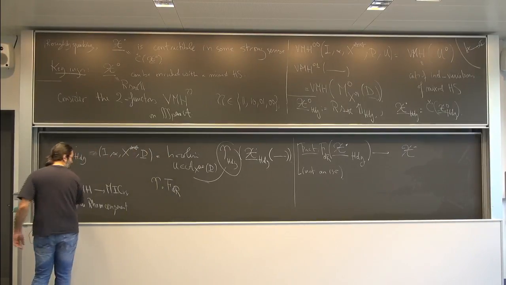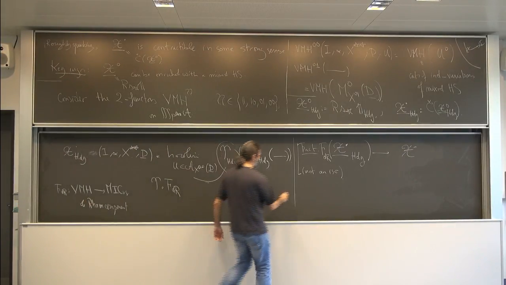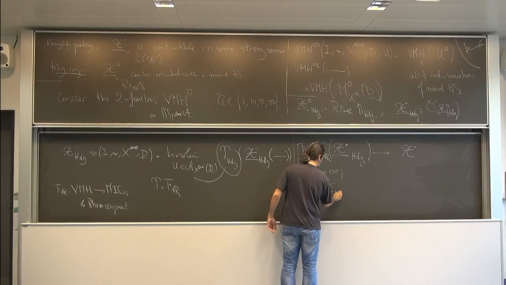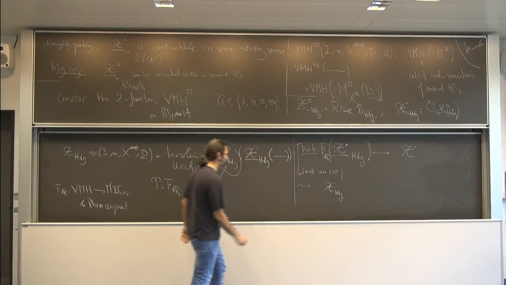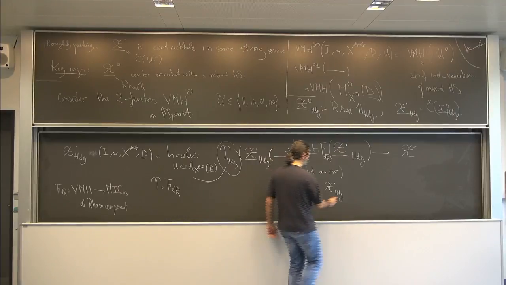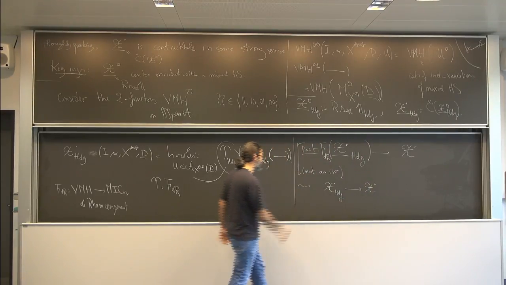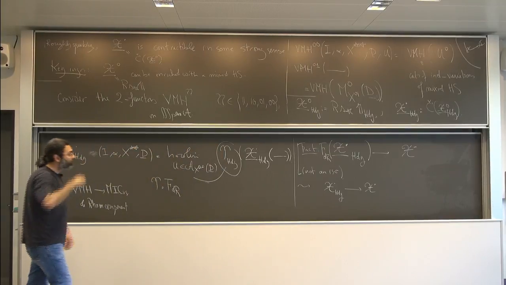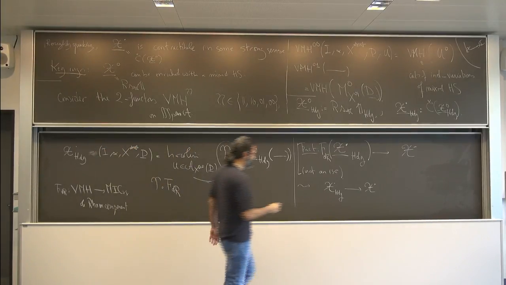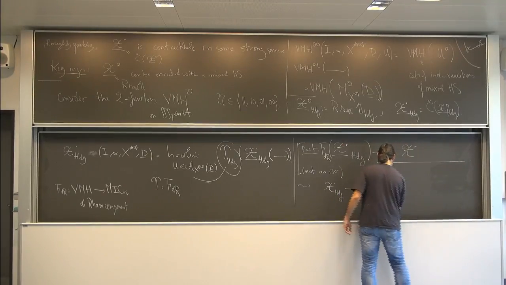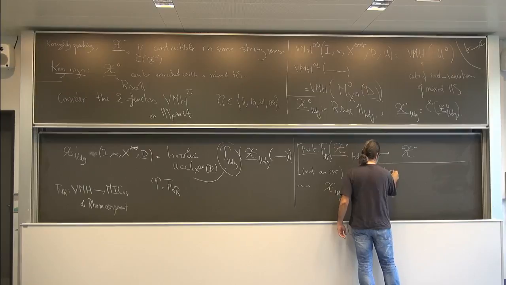But still, it induces a morphism of simplicial presheaves from X dot Hodge to X dot. Of course, simplicial object. Okay, and so now the point is the following. Lemma.